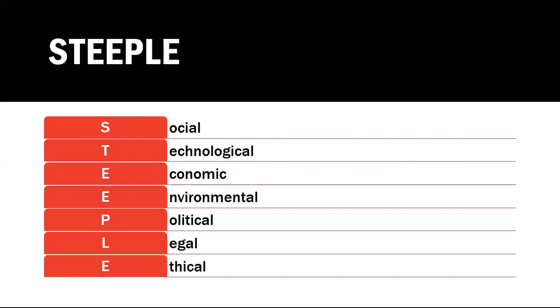For legal, we focus on new policy, new law, and new regulation. And finally, for ethical, we focus on new ideas or social guides, such as anti-racism or anti-vaccine views. What is right and wrong? What is the opinion of the mass?